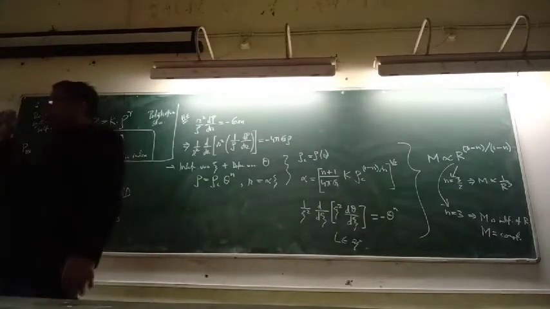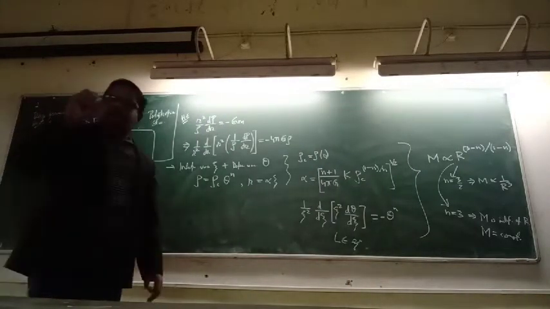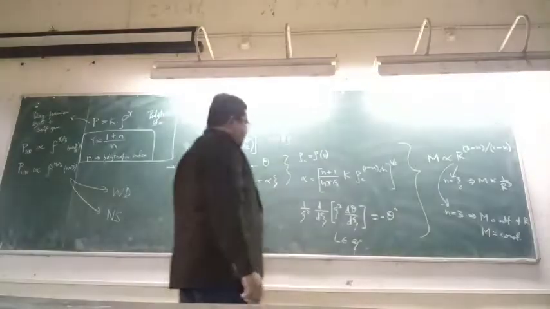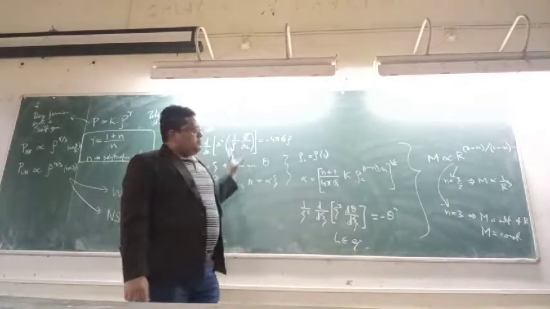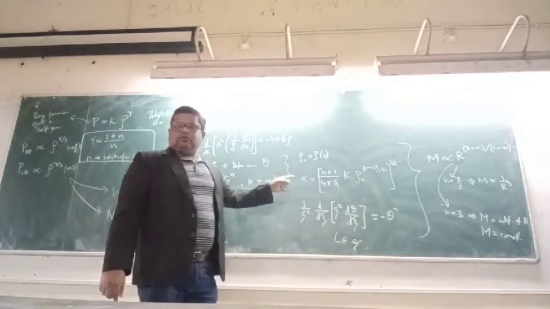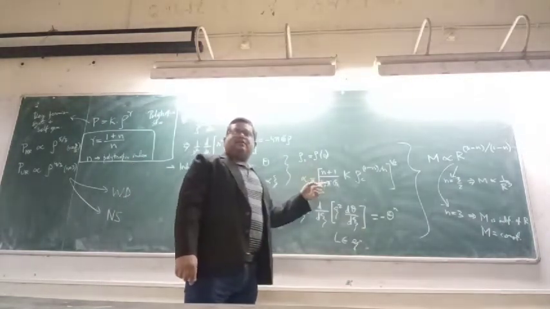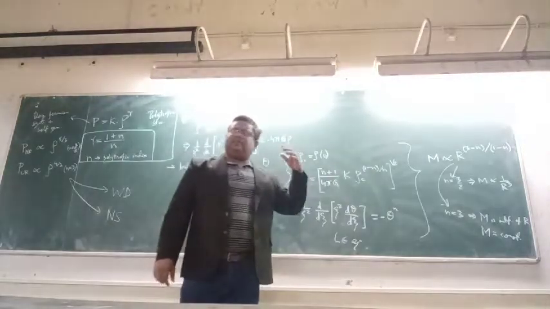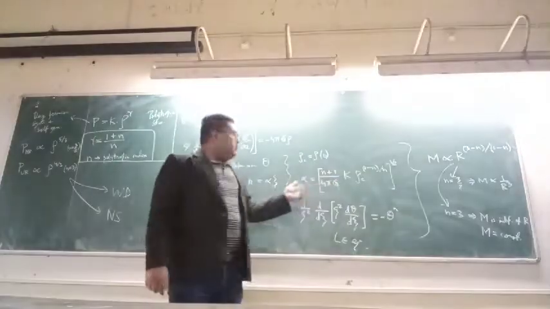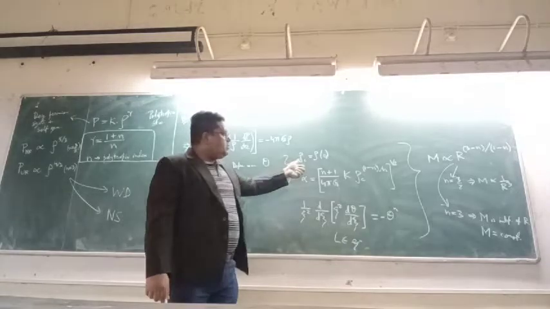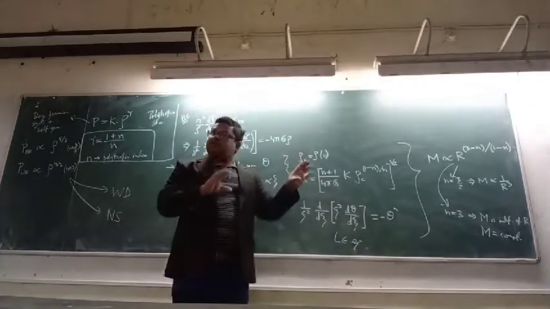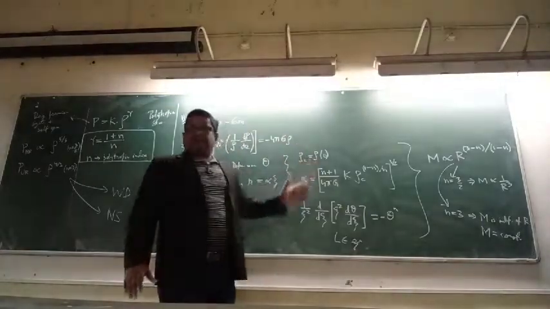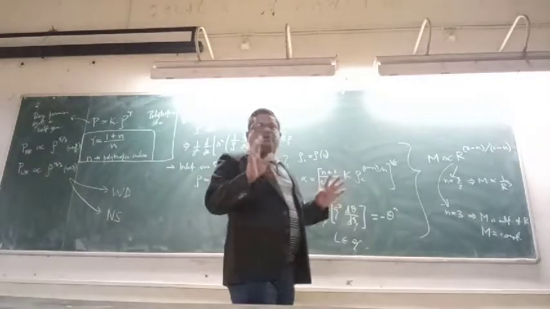Now, what I want to emphasize at this point in this class is that as a result of these calculations, there are a lot of detailed equations for the central density, and also expressions for mass and for radius. I am not going into the details.